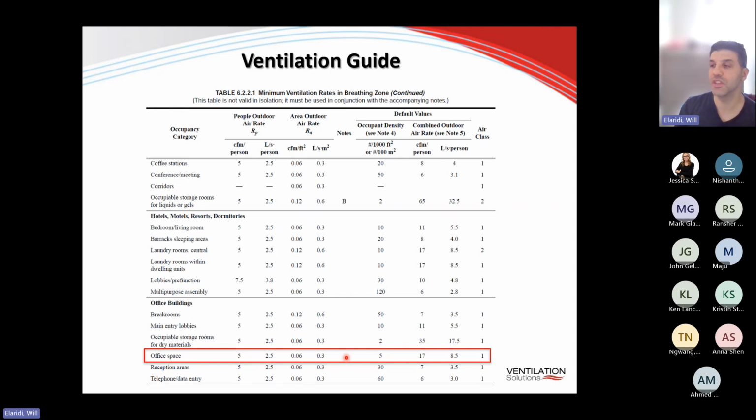And if you know the square footage of the space, let's say the number of occupants per 1,000 square feet is 5 people, and 17 CFM per person if it's a combined indoor air rate.